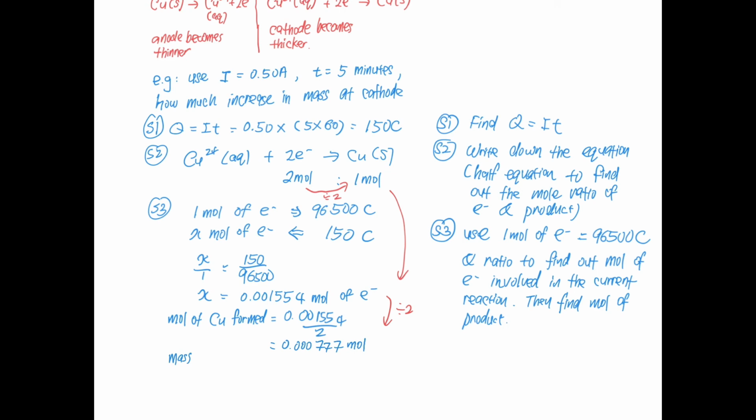Finally you can find the mass of copper. So mass of Cu is the mole multiplied with the molar mass. The molar mass of copper is 63.5.